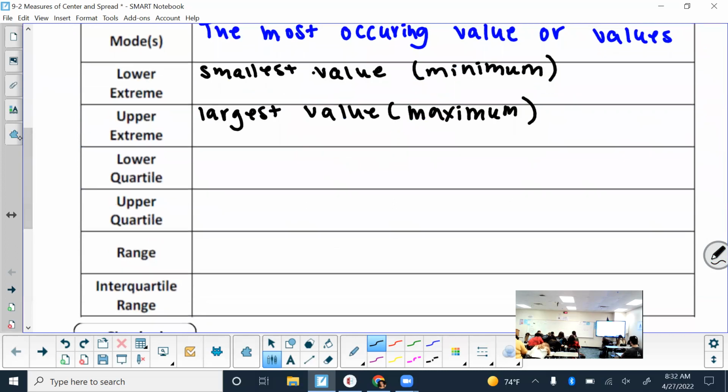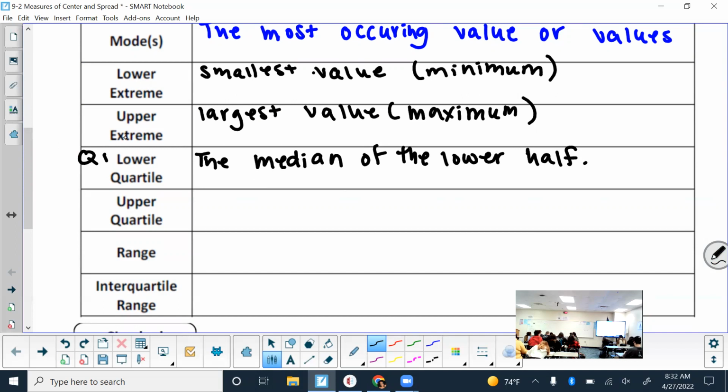All right, now let's talk about lower quartile. That is going to be the median of the lower half. And then in this box, put Q1, so that's also what we call the lower quartile.